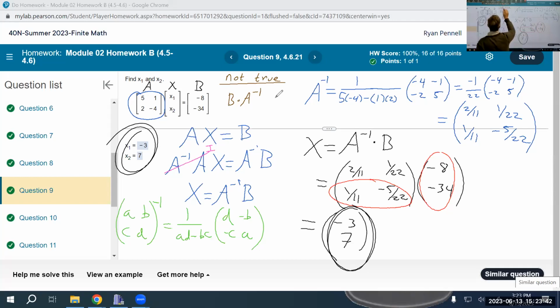I know students hate it when I show things that are not true. I don't like that, so I'll take that away. I've gotten many complaints about me showing things that don't work, but that's the idea. So order matters. Any other questions?